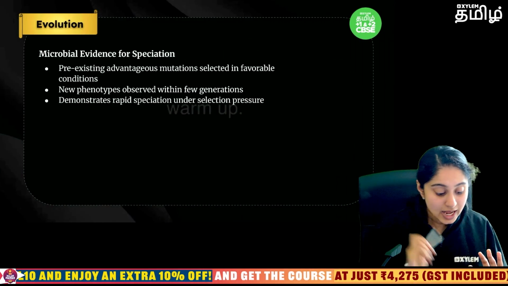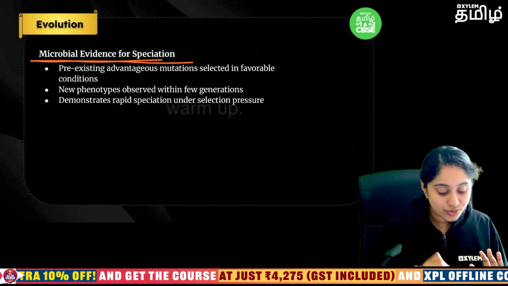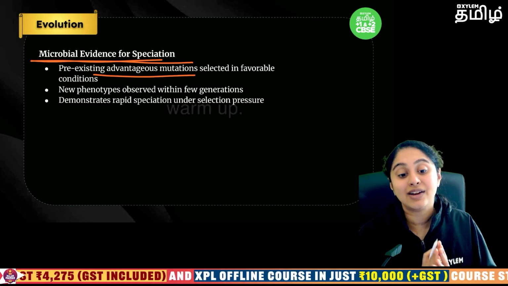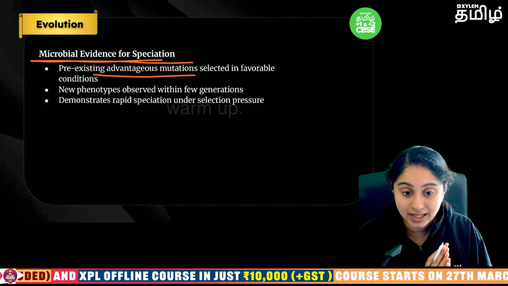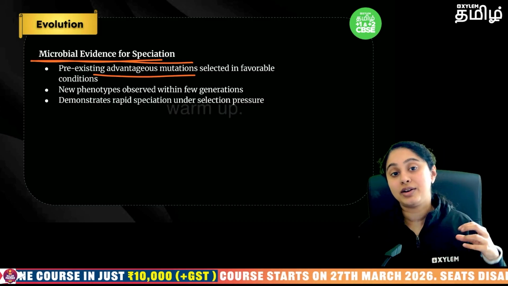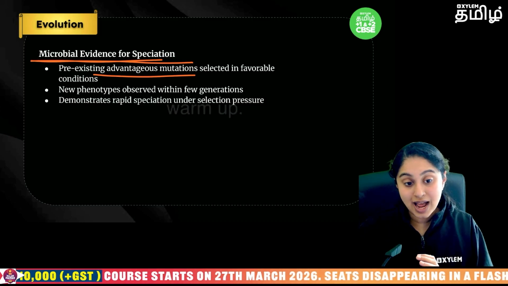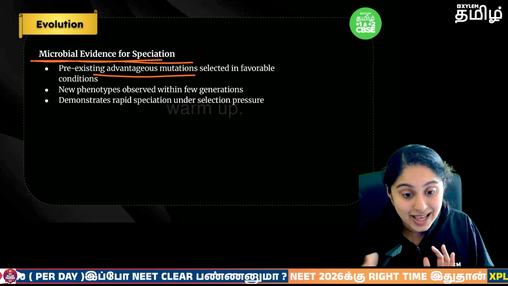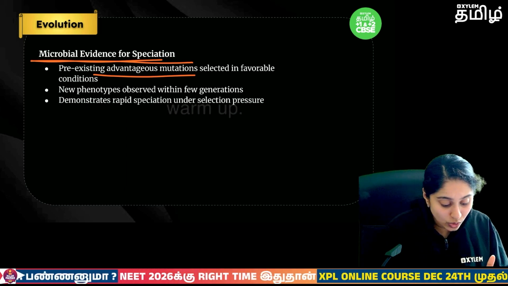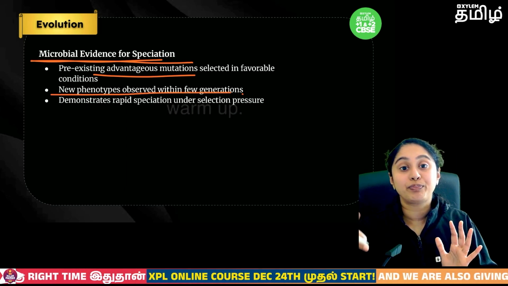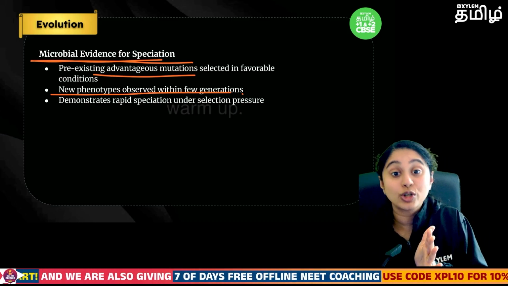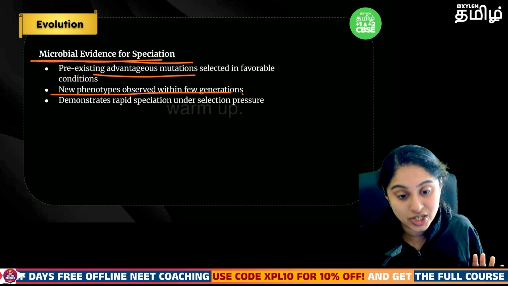Got it, everybody? Now, microbial evidence for speciation is that any pre-existing advantageous mutations that are there, if you are in a condition and you naturally have some mutation and you are selected, then new phenotypes are produced within the next few generations.